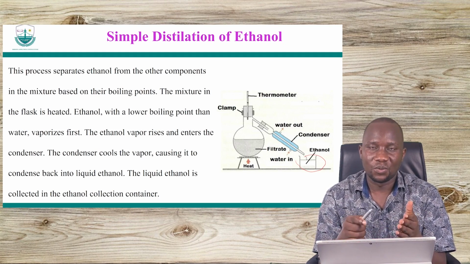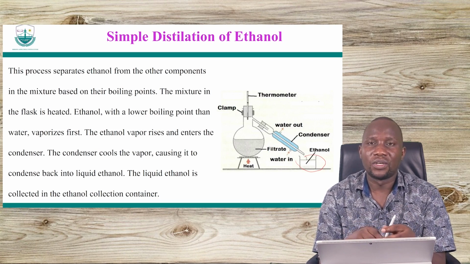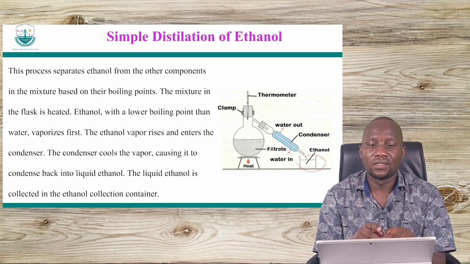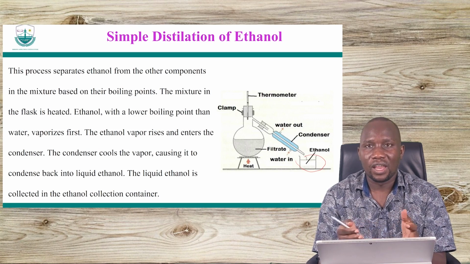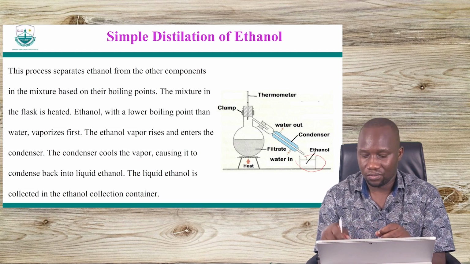This setup is what we saw in what we call the separation of mixtures. So one of the ways of separation of miscible liquids or mixtures is simple distillation, and we are also seeing it here that we can use it to basically have concentrated ethanol.